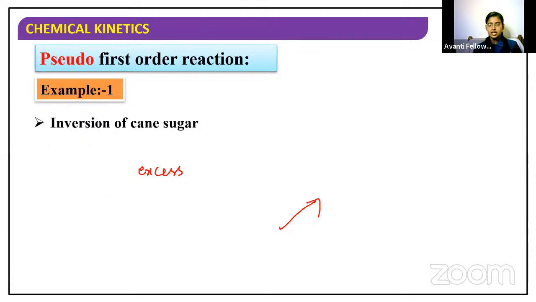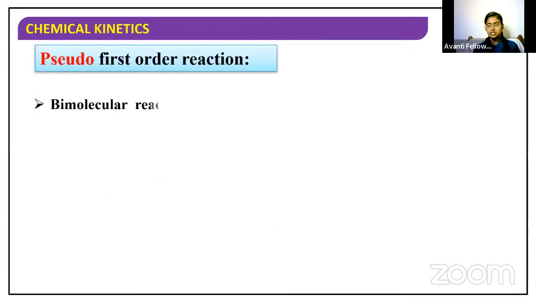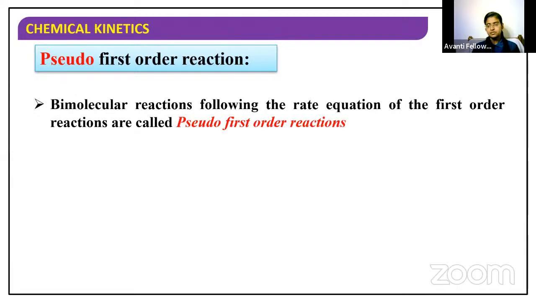In the first slide, I have given the definition. Take down this definition, and in addition you can add the two examples which I am teaching now. The first example is inversion of cane sugar with equation, and the second is the acid catalyzed hydrolysis of ester.